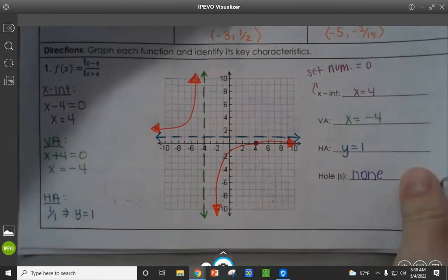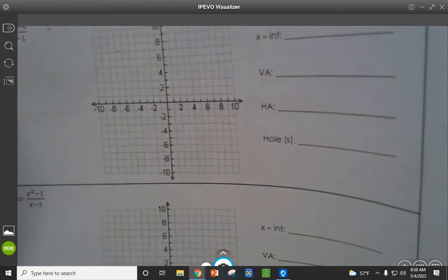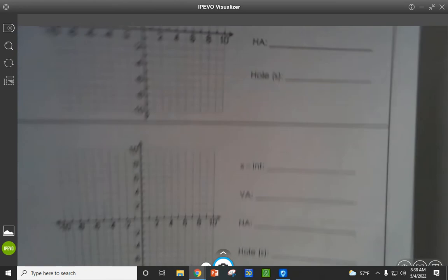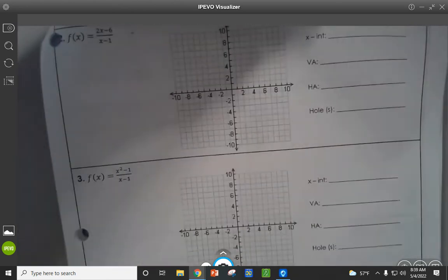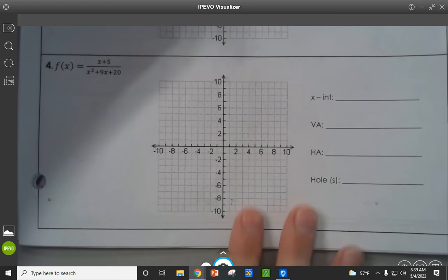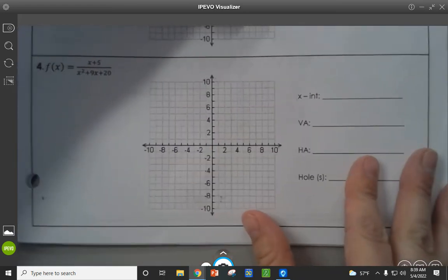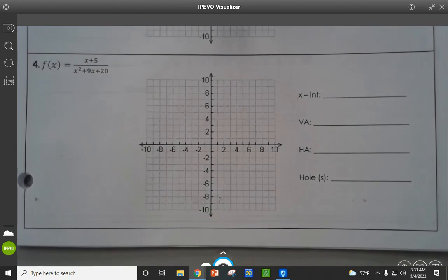All right, so let's move on to, let's go to number 4, and then if we have time, we may backtrack and get some of these others, but I want to try to make sure we're seeing several different kinds of examples here. And you're going to be practicing this a lot tomorrow.